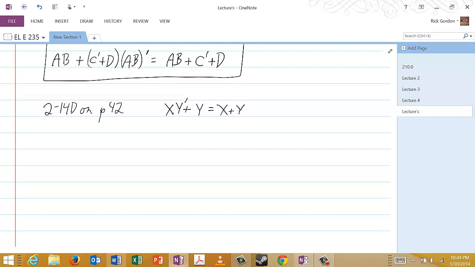Well, remember, in the truth table technique, we will write the independent variables on the left and the dependent variables, or the function, on the right. So in both cases, whether we're looking at the left-hand side of this equation or the right-hand side, the independent variables are x and y. So I'll make one truth table with x, y, and then let's say xy complement and xy complement or y.